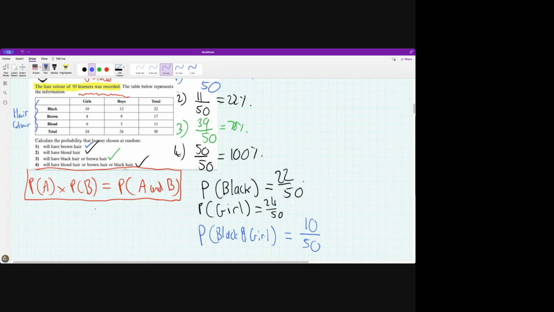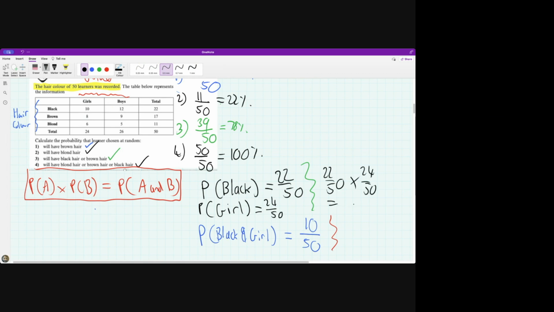Now, what do you think I need to still do to check for independence? I need to check whether or not this times this is the same as this. Well, let's do that. We've got them right here. We'll go 22 over 50 times 24 over 50.